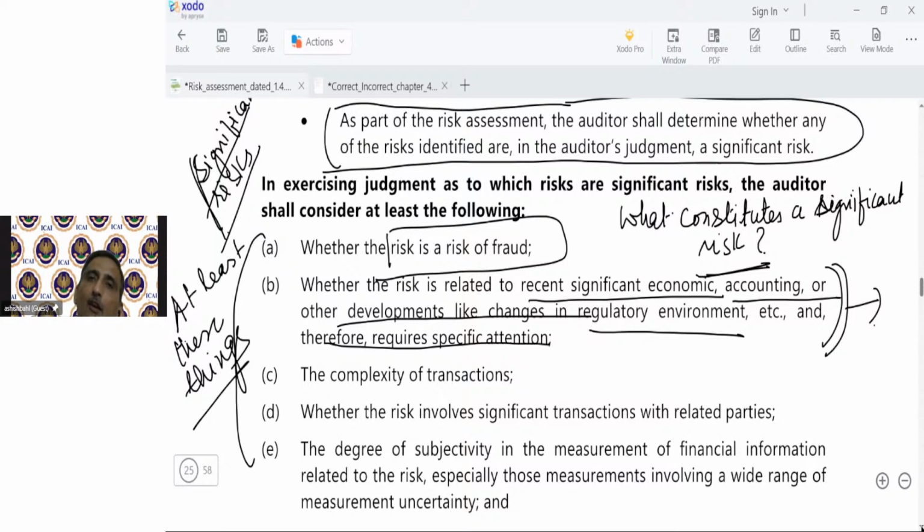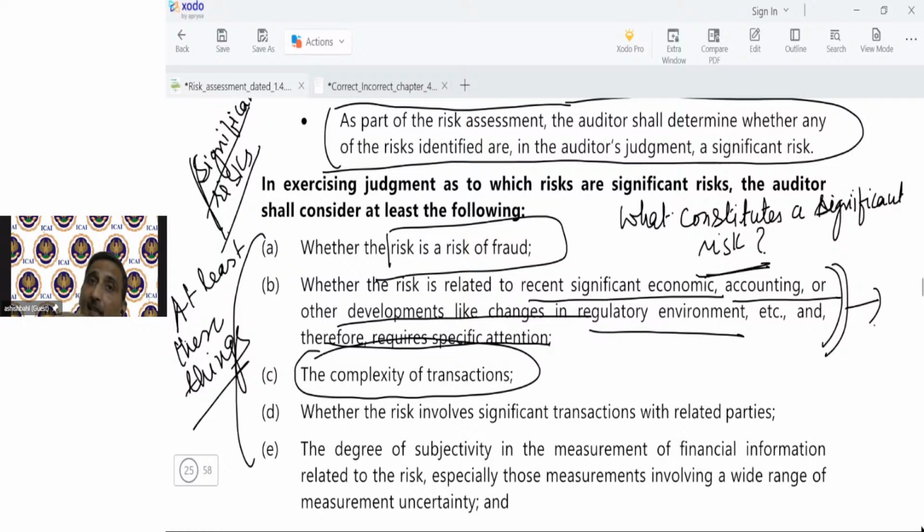So when the risk is related to recent changes in regulations or law, or when there is some complexity of transactions, say the company has acquired some new business, so accordingly the complex transactions are to be recorded, this factor would also translate into a significant risk.